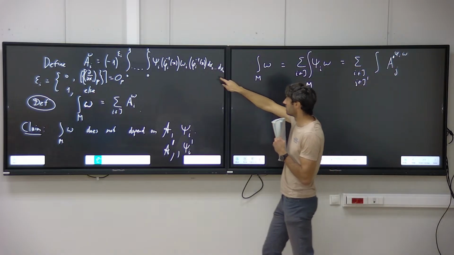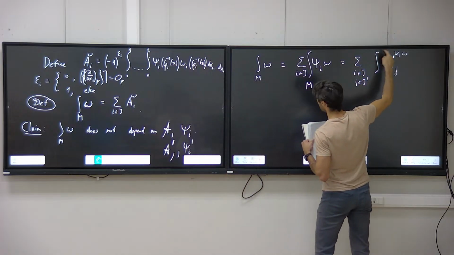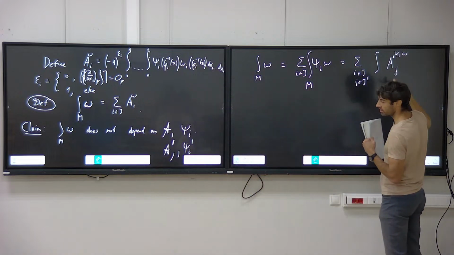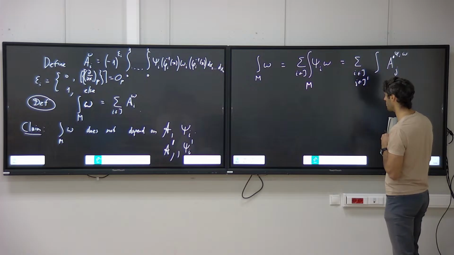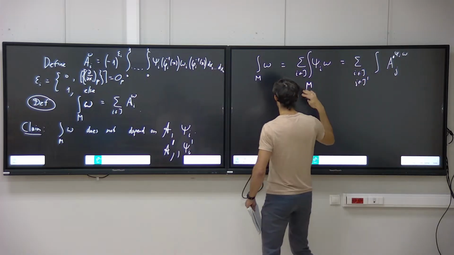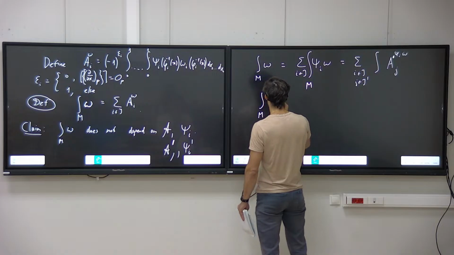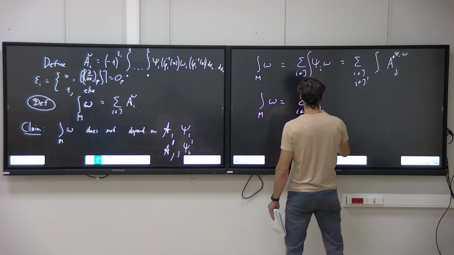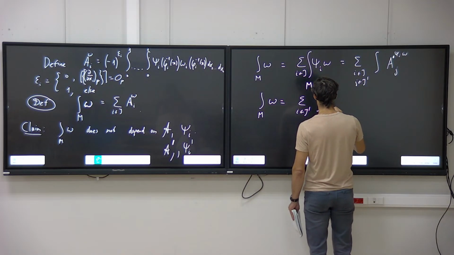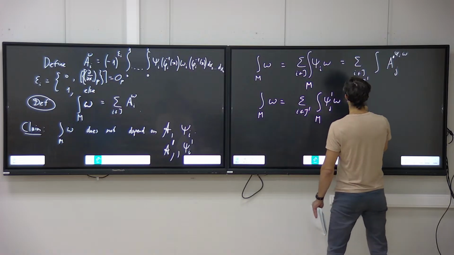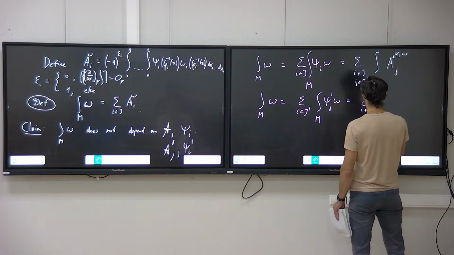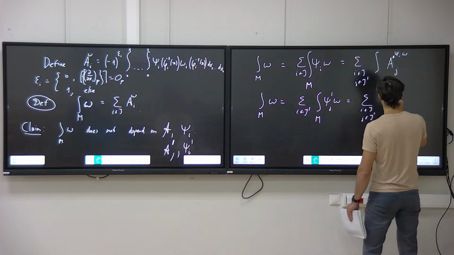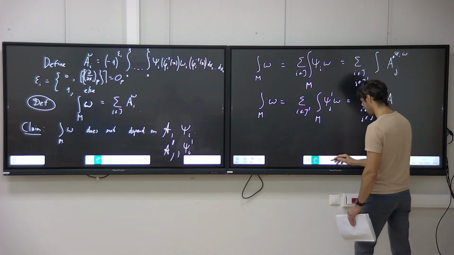It means that I take this form and use the primed psi, phi and x's to define this number. On the other hand, I can do the same and start with the decomposition in J primes, the integral over M of psi J prime omega, and then I will have a sum over I from J and J from J prime. I don't have an integral here, sorry.